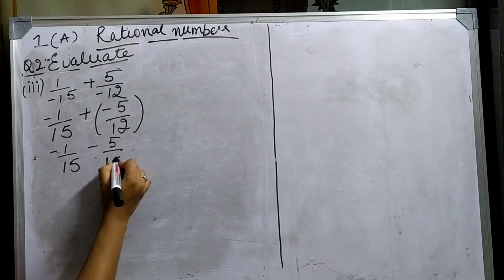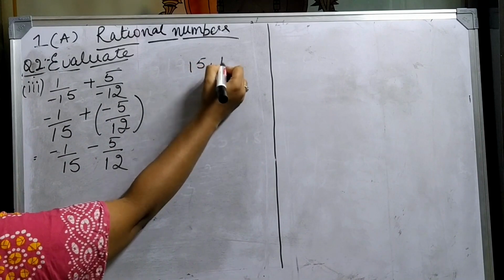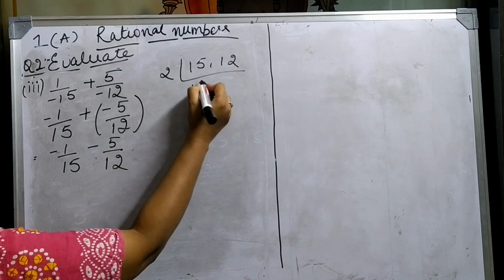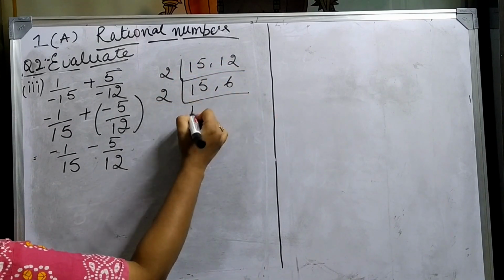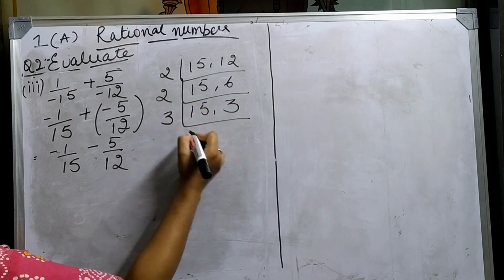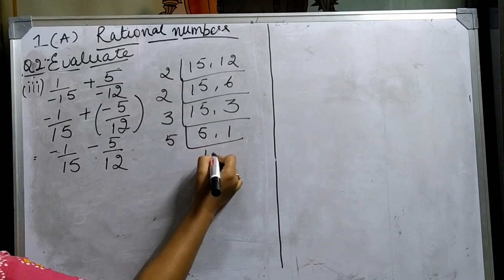So let us take the LCM of 15 and 12 now. For 15 and 12, we start with 2: 2 6s are 12, and again 2, 15, 2 3s are 6, and again 3 5s are 15, 3 1s are 3, and this is again 5 1s are 5.